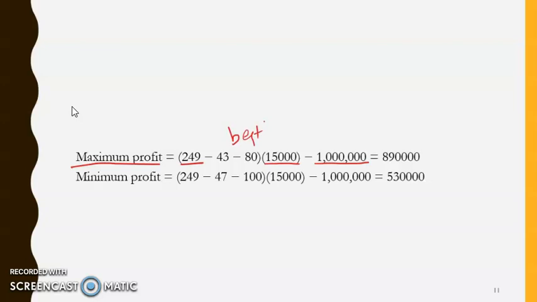So when you calculate this, the best case scenario profit would be $890,000, and the worst, calculated with everything the most expensive, 47 and 100, would be this one, the worst case scenario. What does it mean? Because in many of the analyses, when we want to decide about something, we go for best case and worst case.